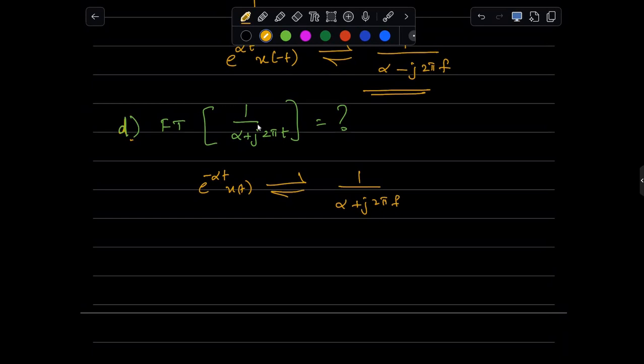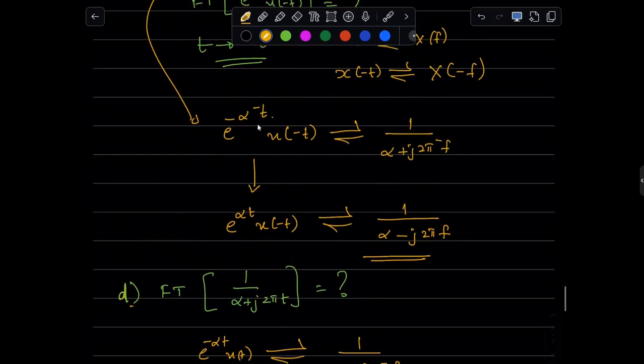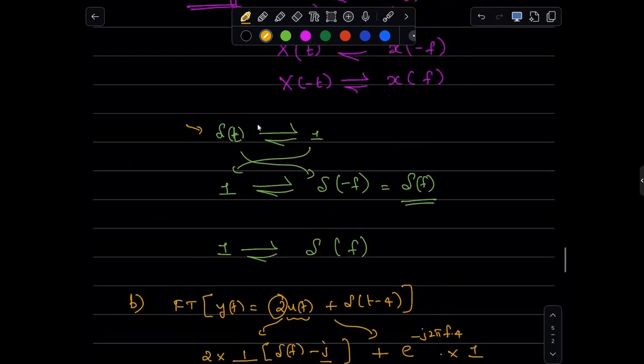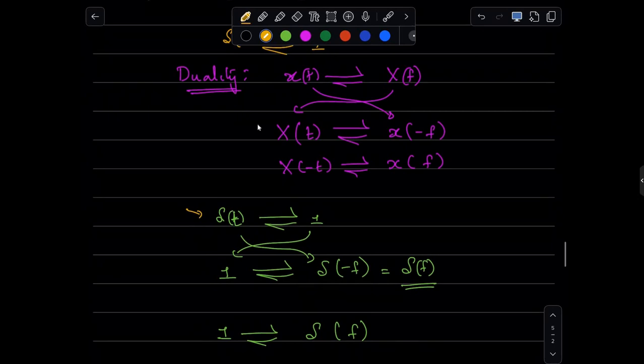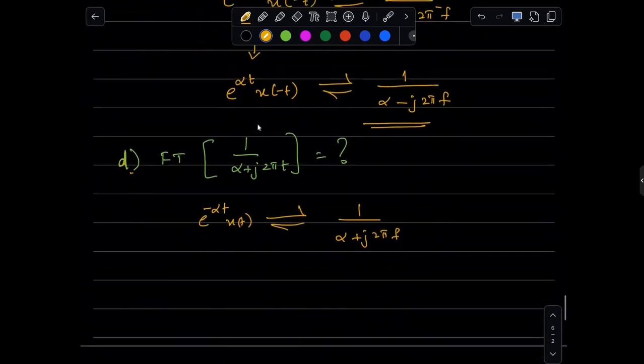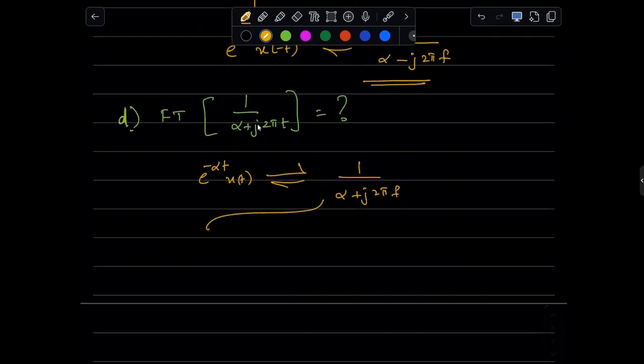I can actually use the duality property. I have shown you the duality property. If I use this duality property, replace just t with f in that function, then what will happen? You see here, this function, I am going to take it here, 1 over alpha plus j 2 pi.